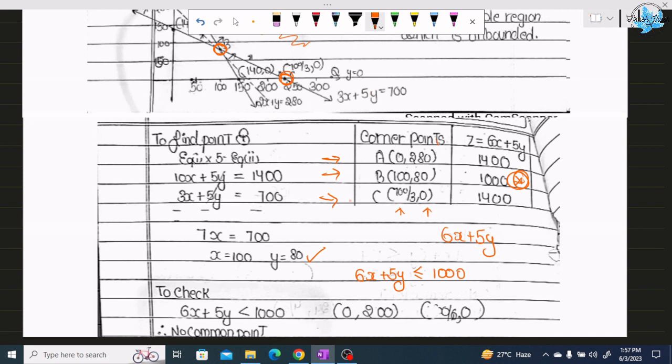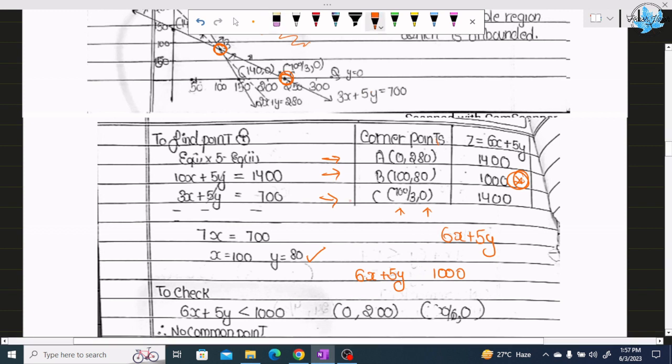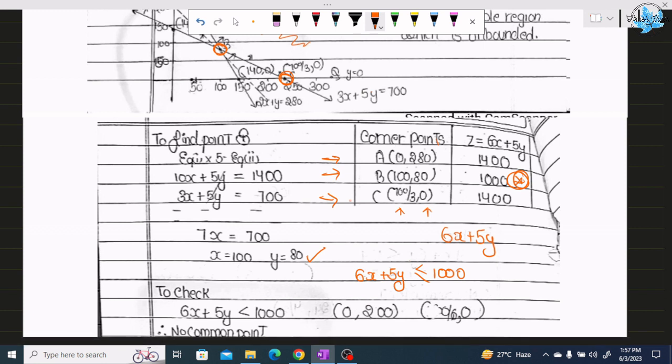If the question were asking for the maximum value, then you would have to check it the other way. Now the question is asking for the minimum value, so you have to put the less than or equal to sign. If we get any region that is greater than the B coordinate, then B is not the minimum value, otherwise B will be the minimum value.